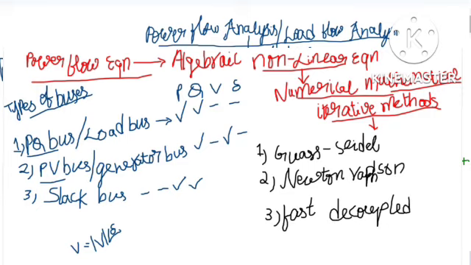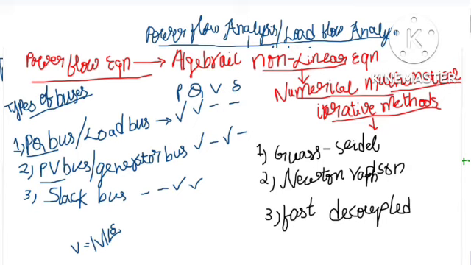Now, let us see how they are classified. For the PQ bus, we have four parameters: P, Q, voltage, and delta. Delta is actually the voltage angle. Normally, voltage is equal to modulus of V at an angle delta.